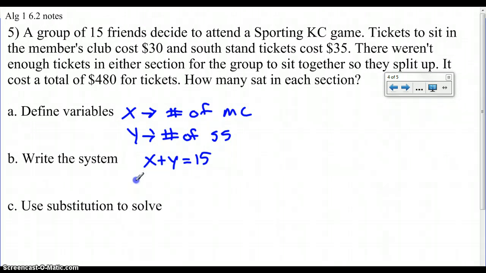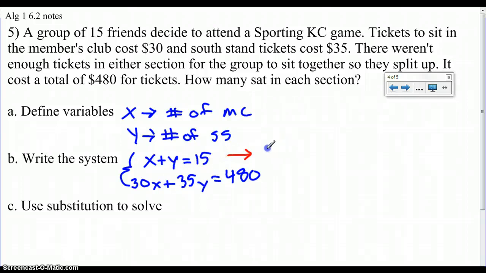Those Members Stand tickets cost $30, where the South Stand tickets cost $35. So I'm going to do 30 times the number of Members Club tickets plus 35 times the number of South Stand equals $480. That's your equation that deals with cost. The first one just deals with number of people.